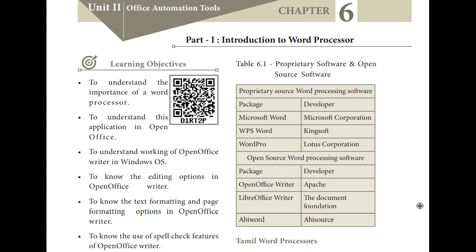Okay, in OpenOffice, the spreadsheet is OpenOffice Calc. In MS Office, that is Microsoft Office, it is MS Excel. You would have seen that Excel has columns and rows, and inside that we'll be able to do some calculations on our own.